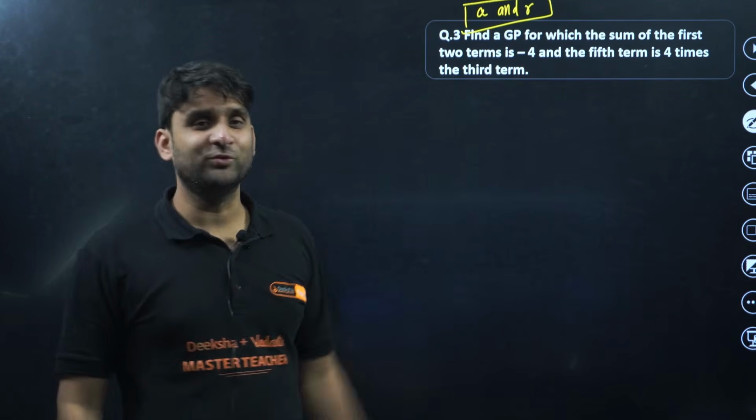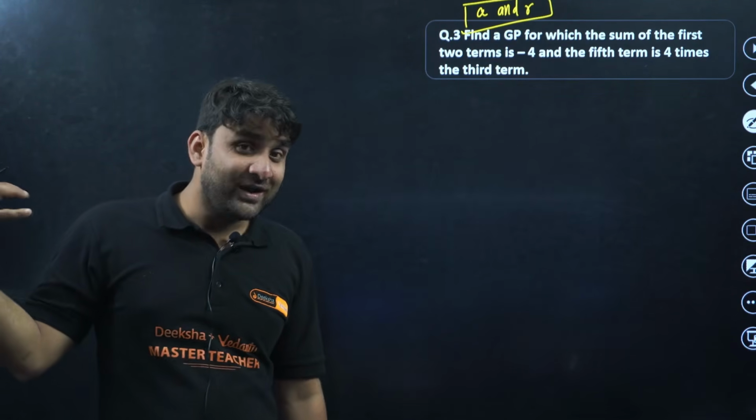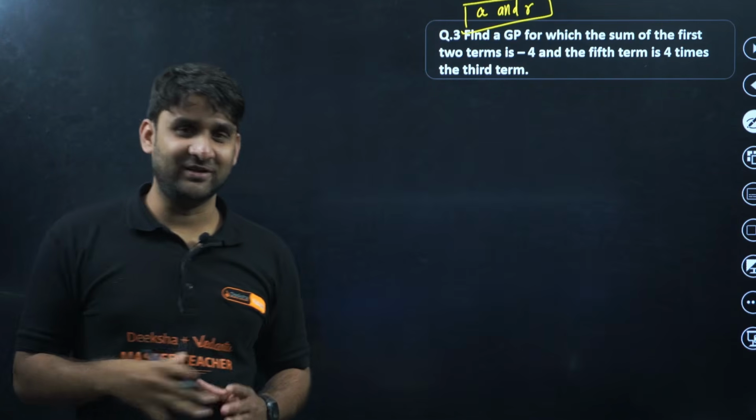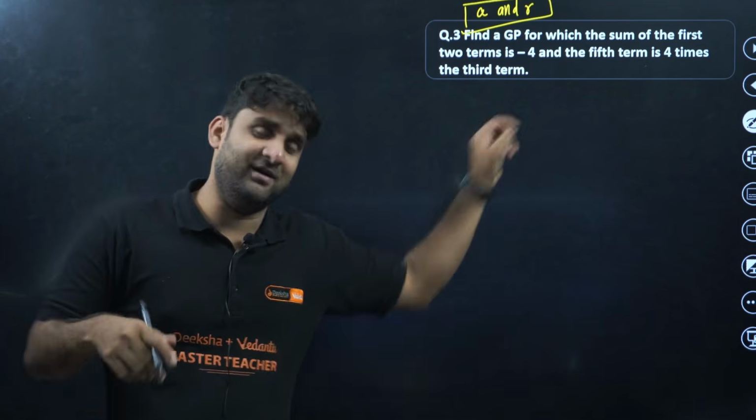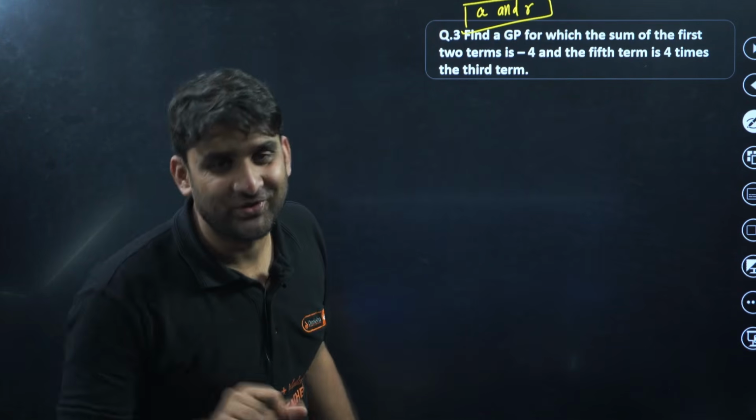We require these two things. In AP, we required A and D, common difference. But in GP, we require A and R. R is the common ratio, and A is the first term.